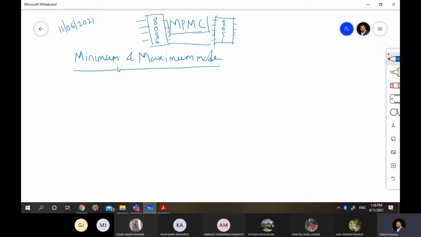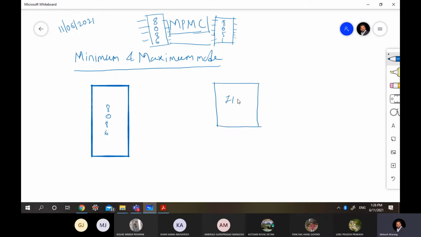Now, what do we require for interfacing? Let's suppose this is 8086. Whenever I want to interface something with any IO or memory device, we need an address line, a data line or data bus, and a control line or control bus.